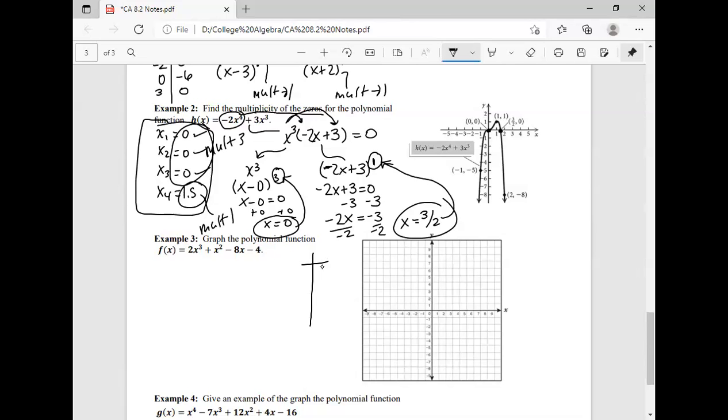I'm going to go ahead and make a chart over here. Following online, make sure you type what you came up with for your zeros in the chat. It takes just a little bit of time to type that in, I know.